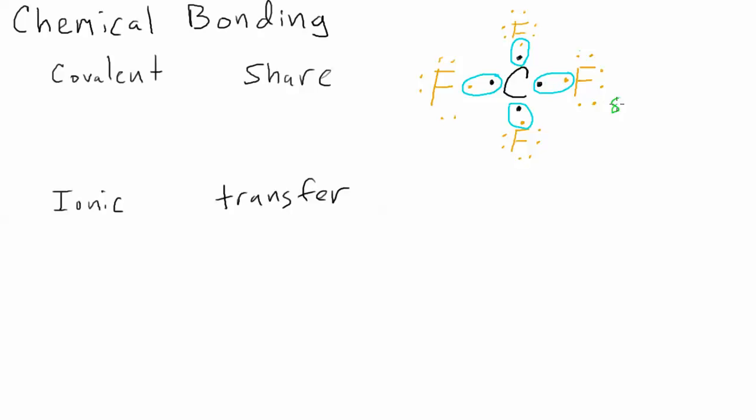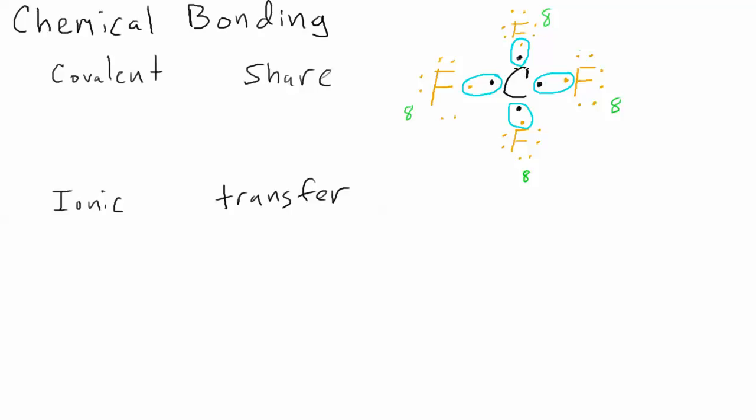So it has 8 valence electrons. This fluorine has 1, 2, 3, 4, 5, 6, 7, 8, now that it has access to that carbon valence electron. This one has 8, and this one has 8. So all of the fluorine atoms now have the 8 valence electrons that they wanted. That gives them full valence shells, and it makes them happy. Very stable at this point.